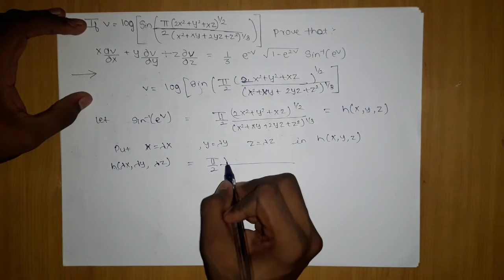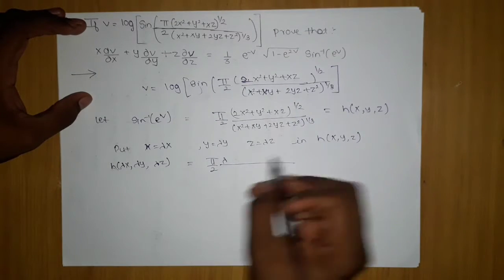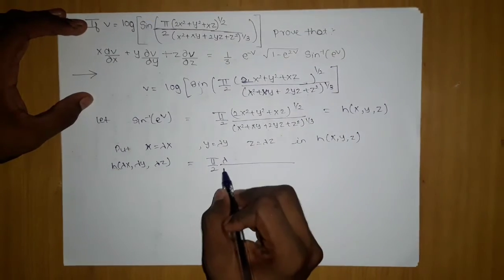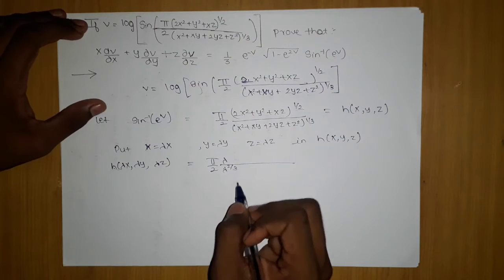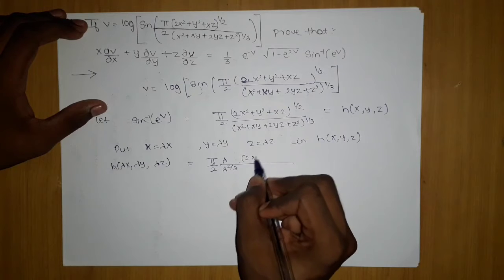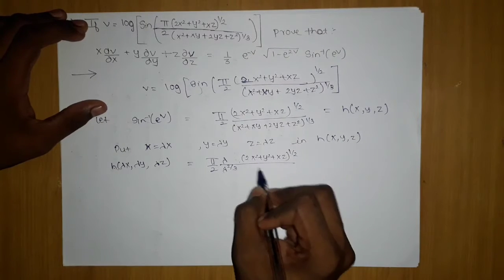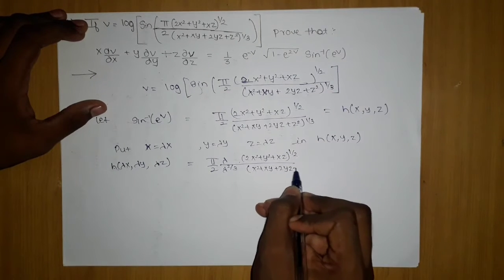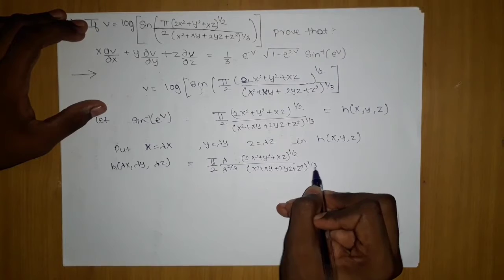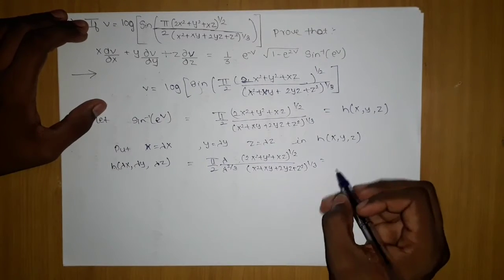will get lambda square, and if we move it outside, it will be lambda only, and here you will get lambda square by 3, and this will be as it is 2x square plus y square plus xz the whole power 1 by 2 into x square plus xy plus 2yz plus z square power 1 by 3. This whole thing with pi by 2 I can call h of x, y, z.